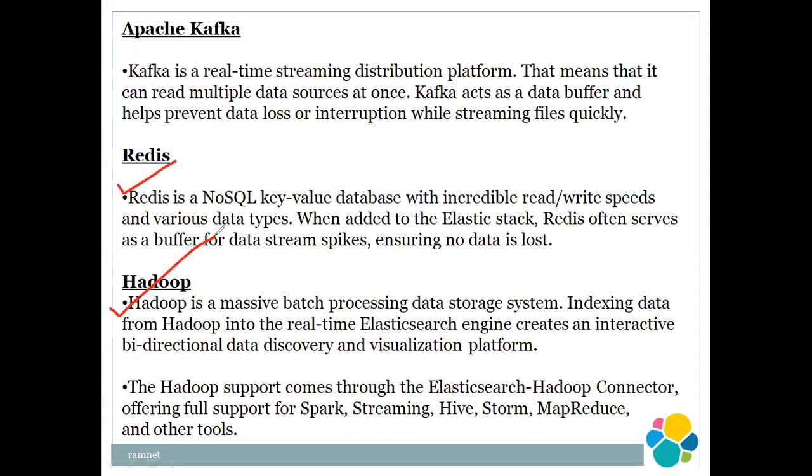Indexing the data from Hadoop into the real-time Elasticsearch engine creates an interactive, bidirectional data discovery and visualization platform. The Hadoop support comes through the Elasticsearch Hadoop connector, offering full support to Spark, Streaming, Hive, Storm, MapReduce, and other tools as well. So it has multiple usages.